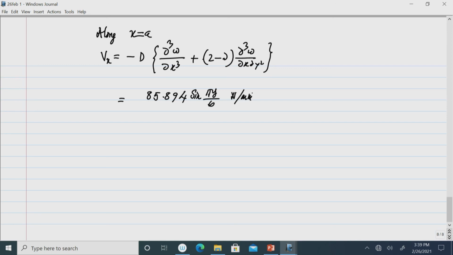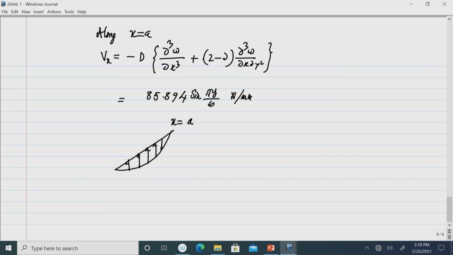So, if I see the distribution along one edge, this edge I have taken as the x equal to a edge, the distribution is sinusoidal. You will get the S shear distribution like that. Okay. This is the distribution of S shear along x equal to a, but since it is symmetrical, you will get similar distribution along the other edges.